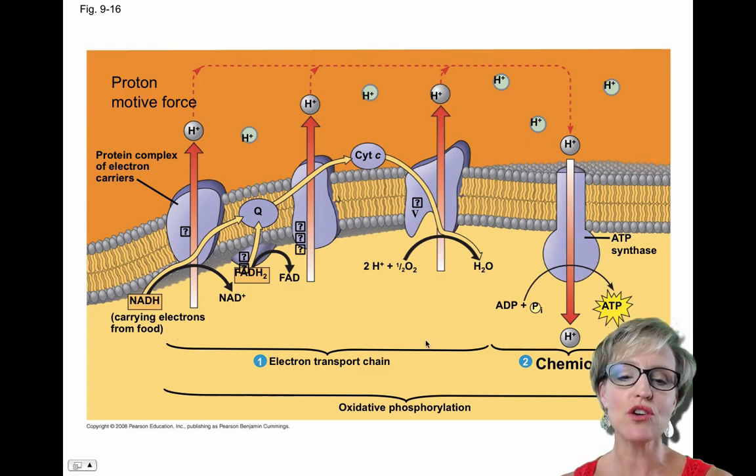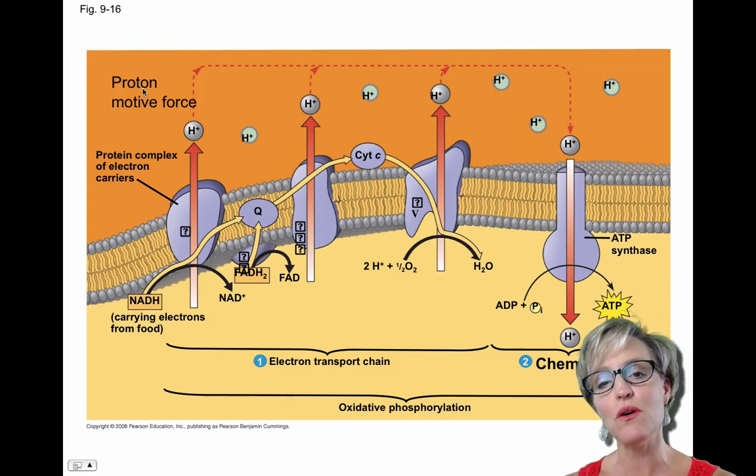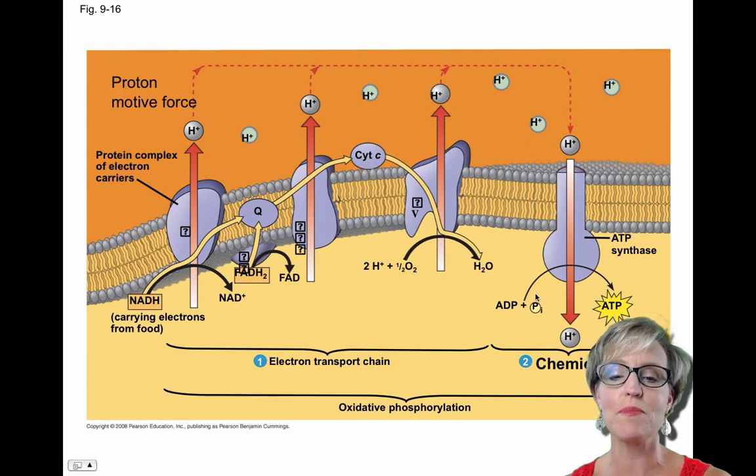So the electron transport chain is the electrons flowing down the chain to the last oxygen electron acceptor. As they are going down the chain, we are creating a proton motive force in the intermembrane space. That is, again, the proton motive force. Chemiosmosis is the actual flowing of the protons, the hydrogen ions, through the ATP synthase and thus generating our ATP from the ADP plus our inorganic phosphorus.